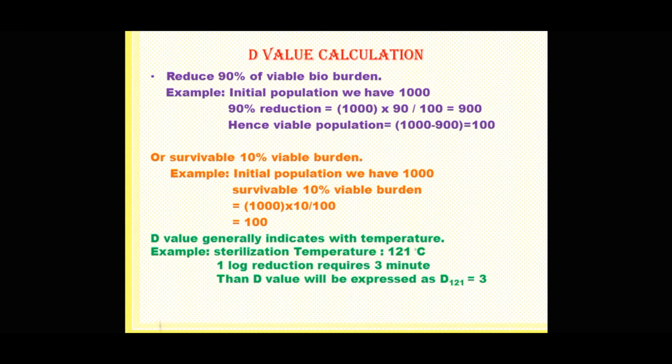If the temperature is less, then to achieve 1 log reduction it will take more time, so the D-value will also change. Hence the D-value at a specific temperature is very important. That's why D-value is always expressed with the temperature.